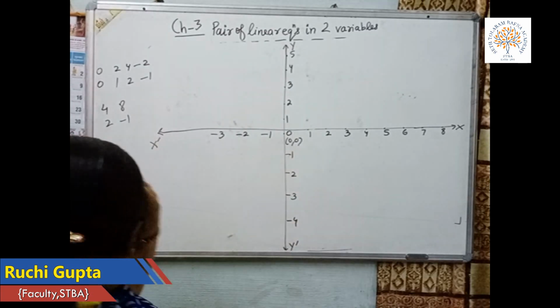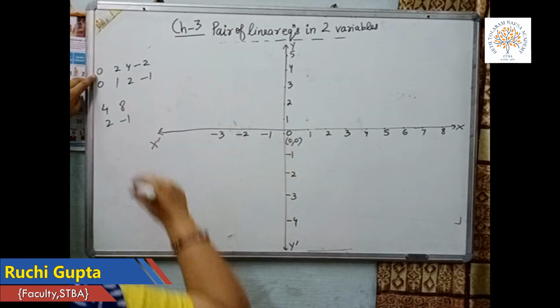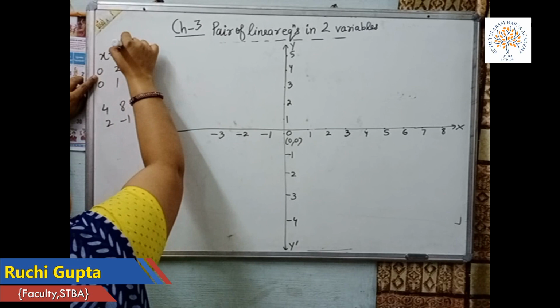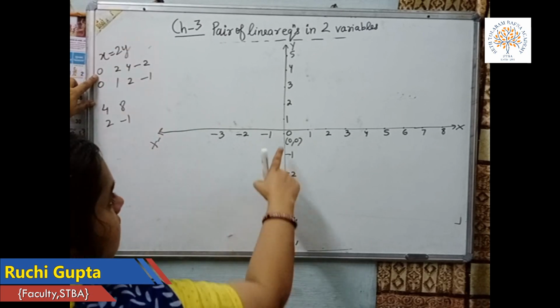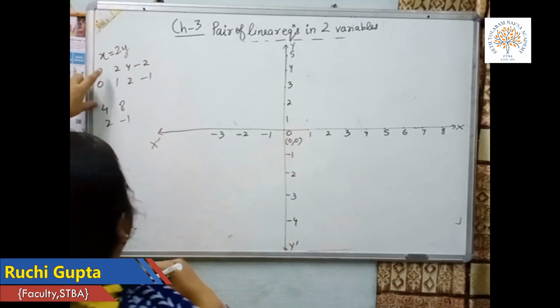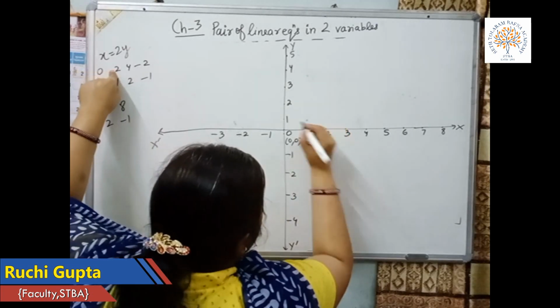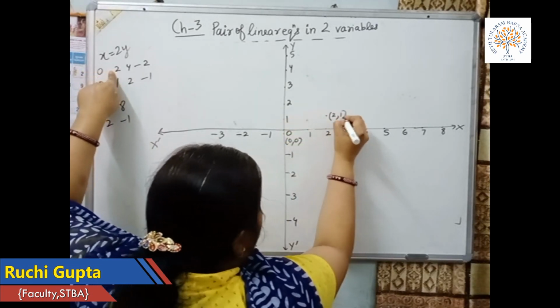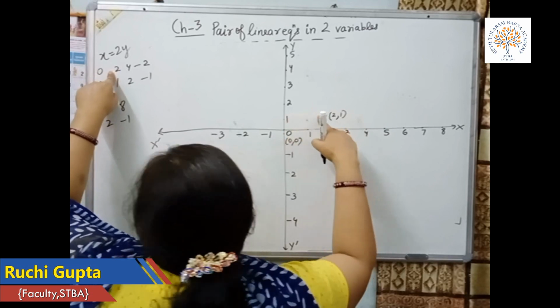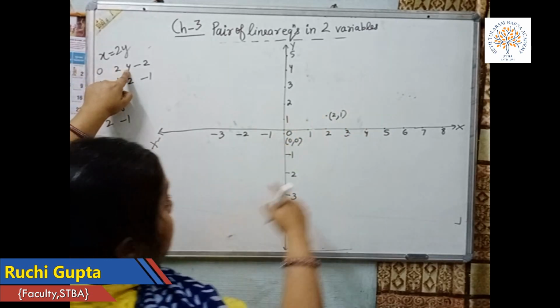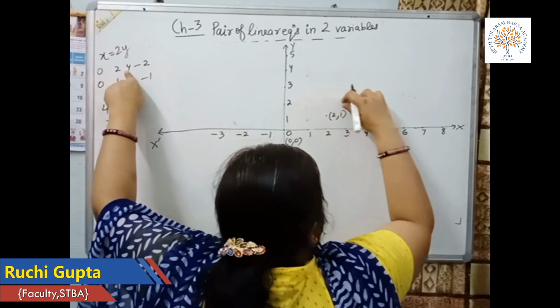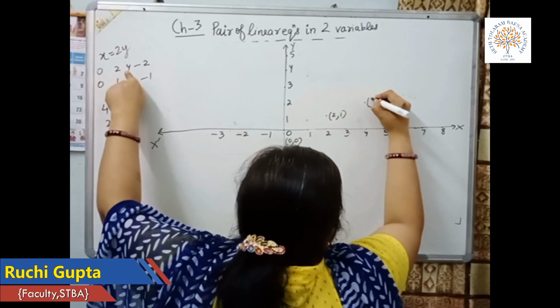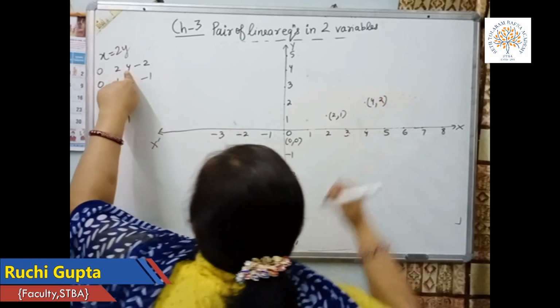Is that clear? Okay. So I am making the graph of the equation x is equal to 2y. If x is 0, y is 0. This is the point. If x is 2 and y is 1, it is 2, comma 1. Third is x is 4 and y is 2. It is 4, comma 2.